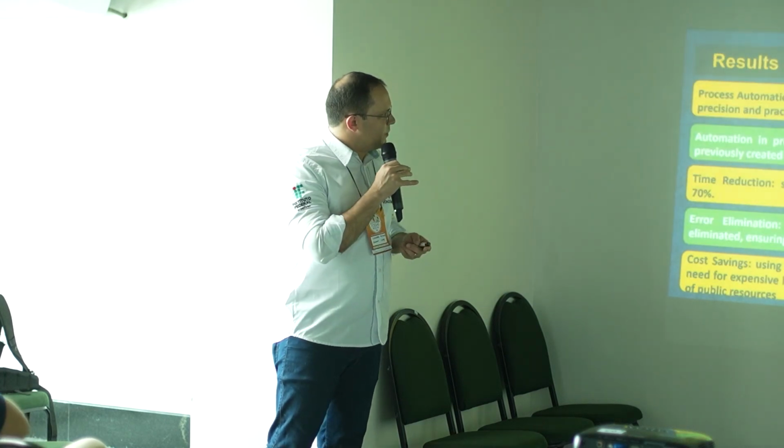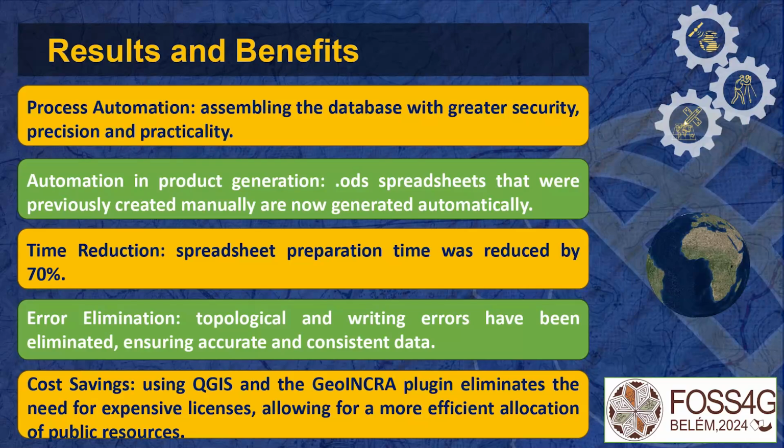The results and benefits of this project is the process of automation. When we have standards, when we have norms, and a database with the structure that is needed, we can automate organization. The key word is organization.